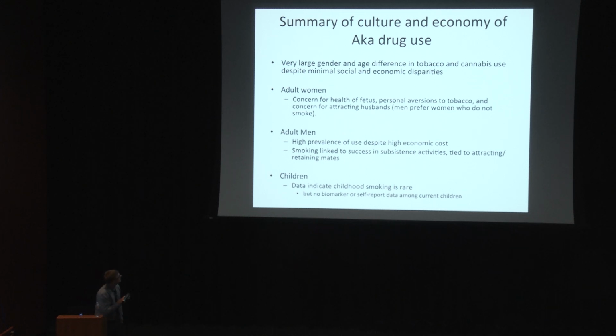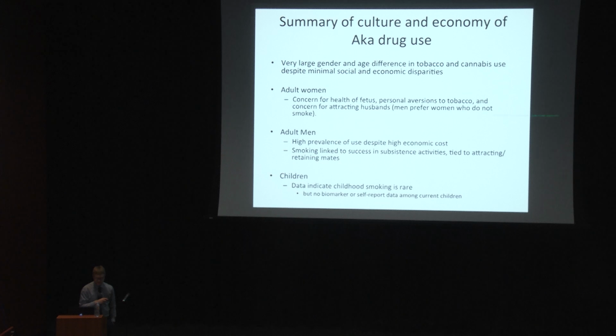And among men, we have an extremely high prevalence, despite its high economic cost. They're spending, again, half of their money on tobacco, and 95% of them are smoking. But the smoking is linked to success in subsistence activities and also to mating activities, so retaining and attracting mates.